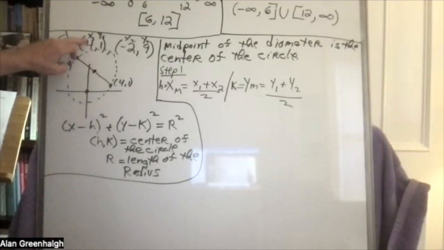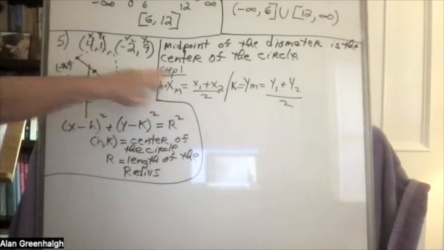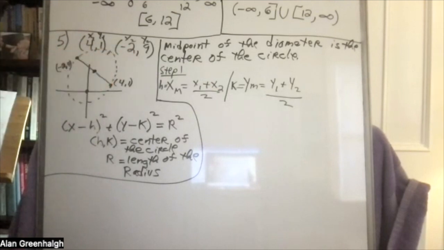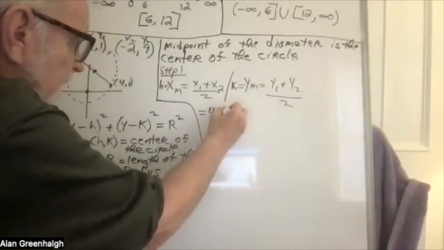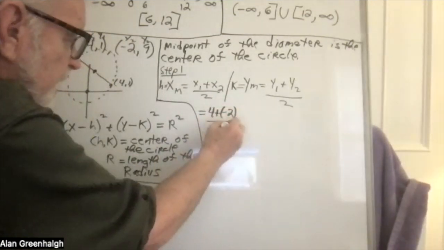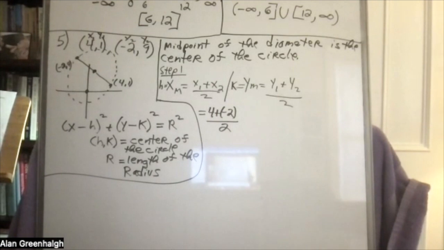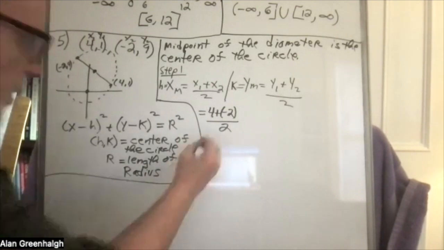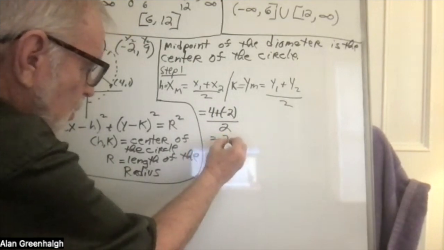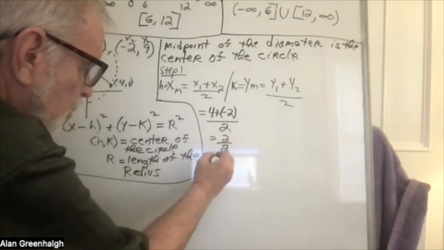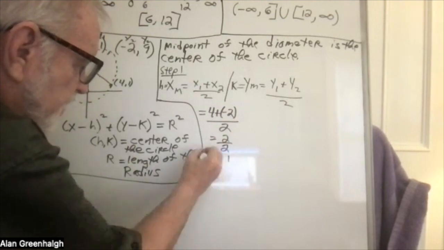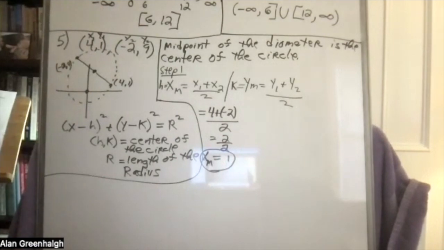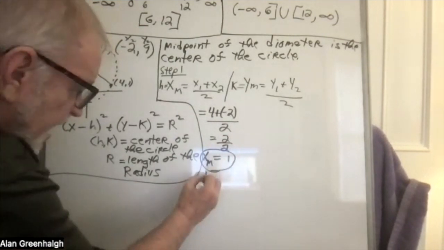And x1 plus x2 is 4 plus -2, divided by 2, which is equal to 2 over 2, which equals 1. The x coordinate of the midpoint is 1, which is the same thing as saying h is equal to 1.